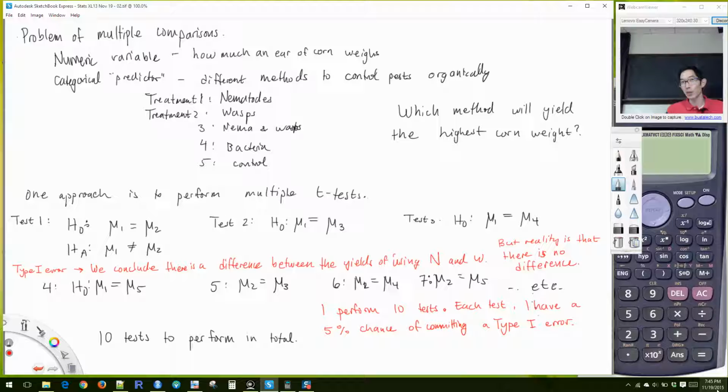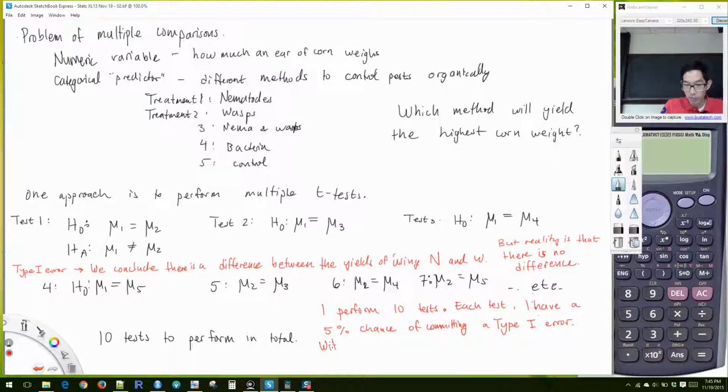That's the thing about hypothesis testing, is that you make your conclusion, but you don't know if that conclusion is correct or it's type 1 error, if you've chosen to reject the null hypothesis. So, with each test, we've got a 5% chance of committing a type 1 error. So, with many tests, the total probability of committing a type 1 error is very high, okay?